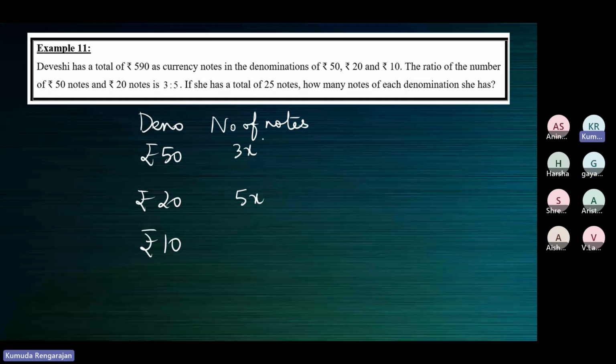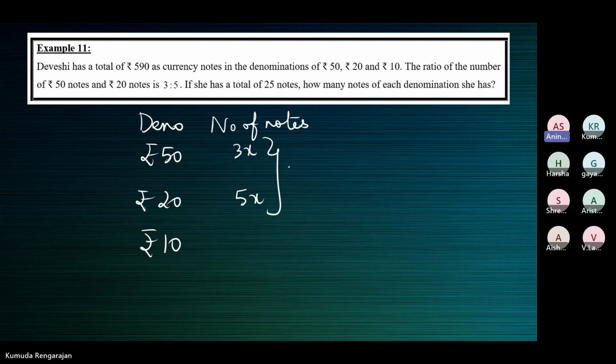What is the total of all the 50 rupee notes and 20 rupee notes? 8x. What is the total number of notes in all? 25. So the number of 10 rupee notes will be the total 25 minus 8x, right?